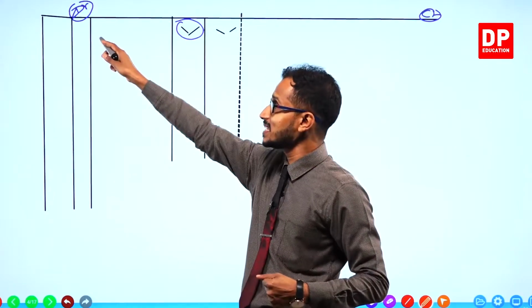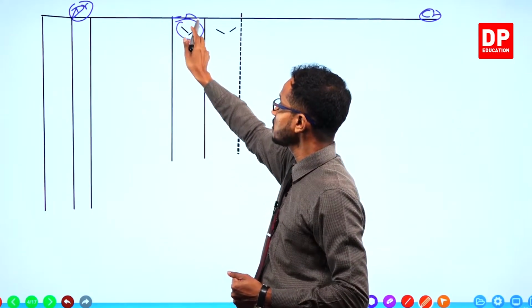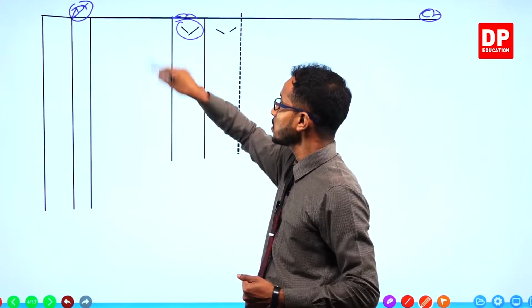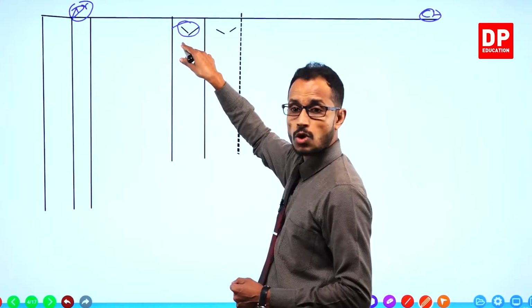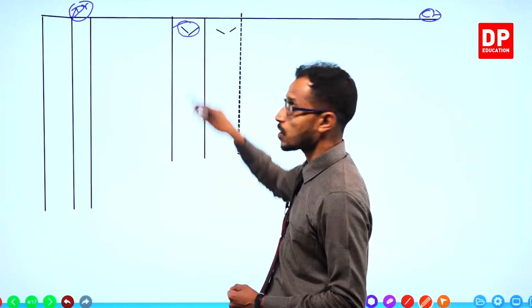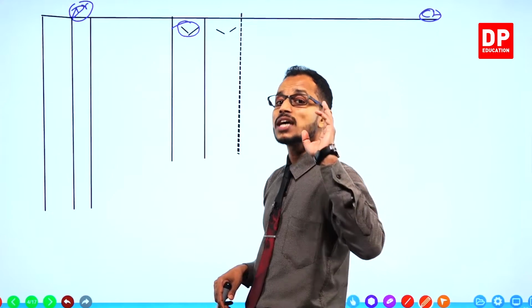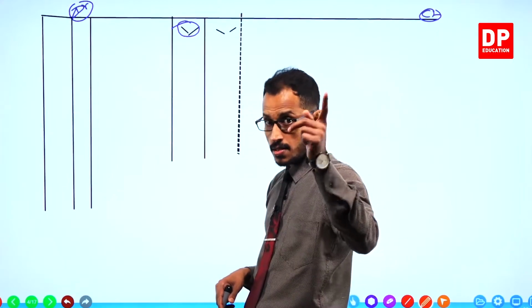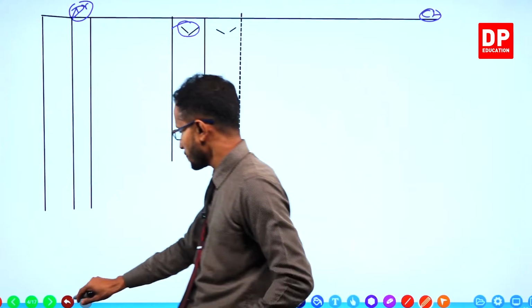In the debit side, what is the discount column? It should be the discount allowed column, or should it be the discount received column? Discounts allowed column. Remember, discounts allowed column. Okay.